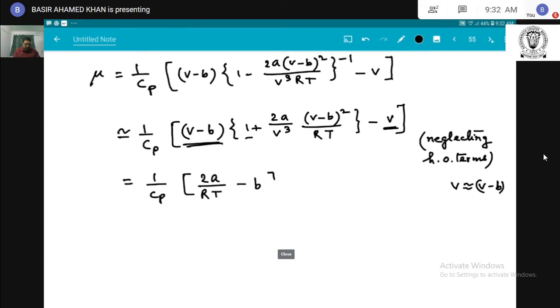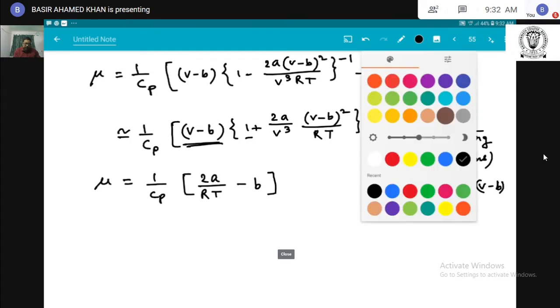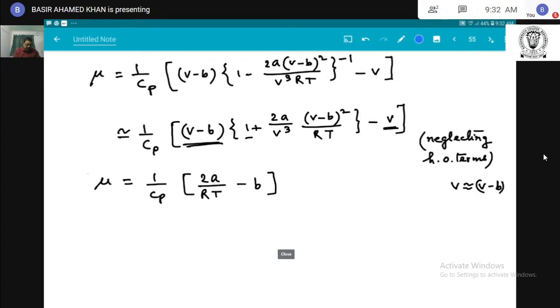This is the expression of the Joule-Thomson coefficient for a real gas.